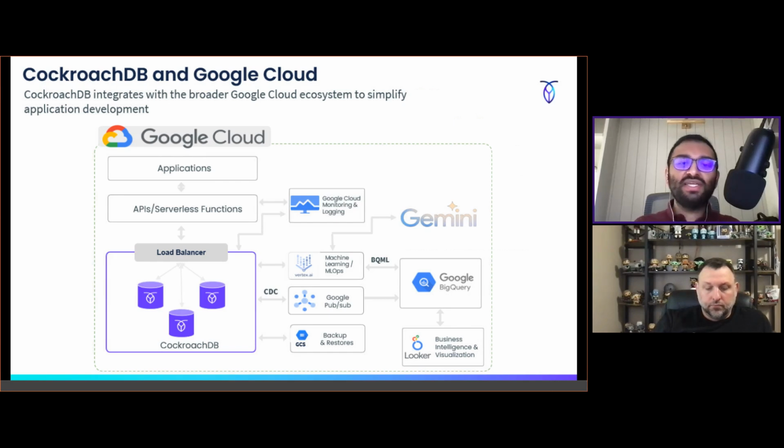With our native CDC or changefeed capabilities, we can integrate directly with PubSub, and through there, you can create a BigQuery subscription to get data into BigQuery to leverage further integrations with machine learning via Vertex AI and Gemini. But also from there, you can do a lot of BI functions with Looker as well.